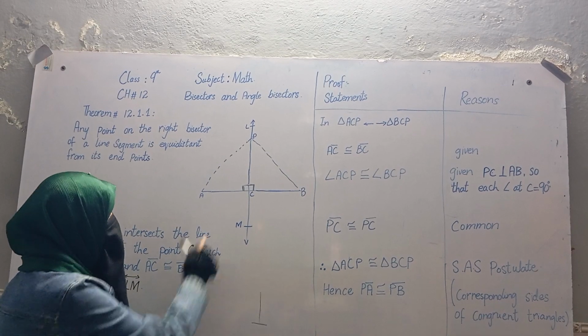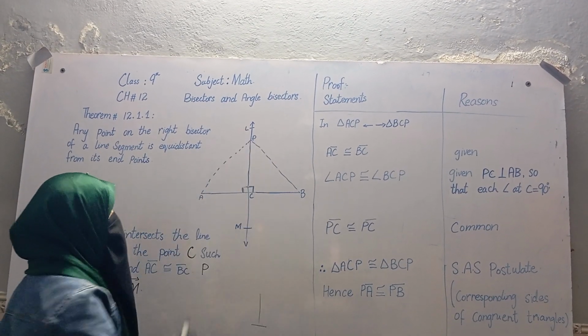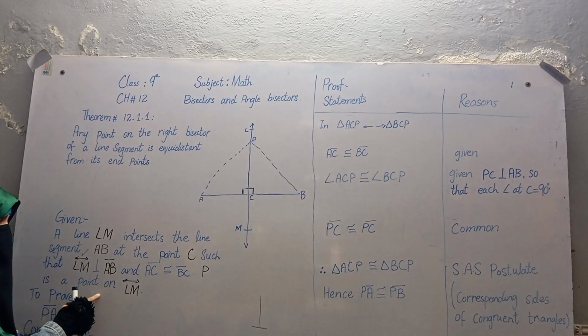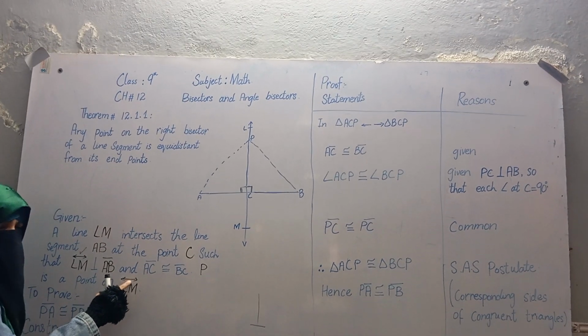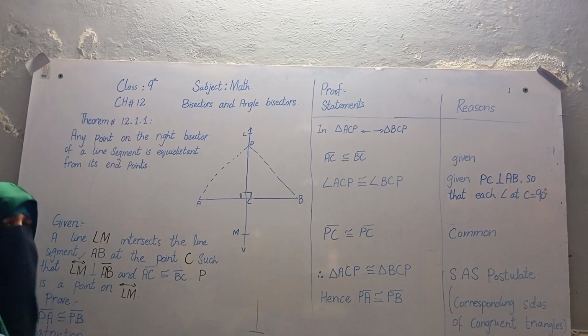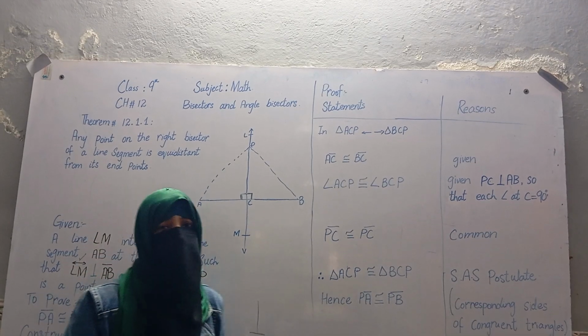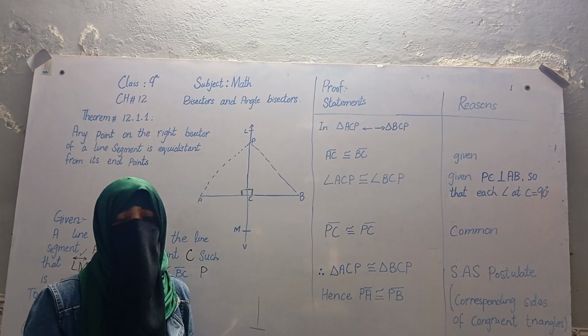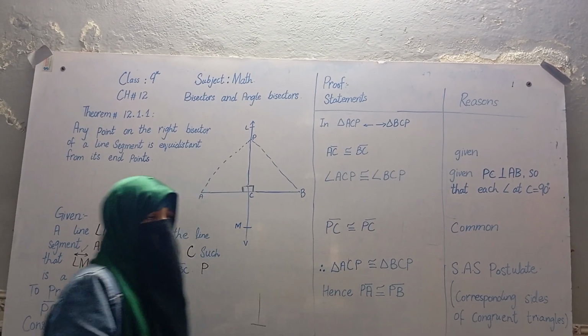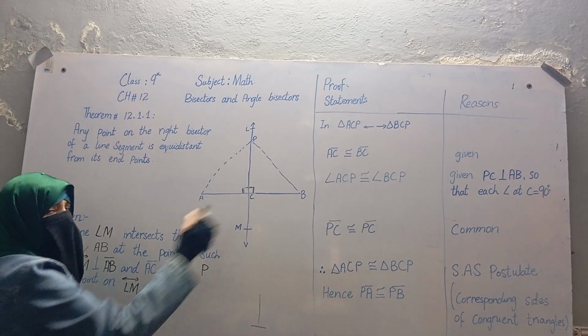Then the point P is a point on LM, which has the commonality between AC and BC.